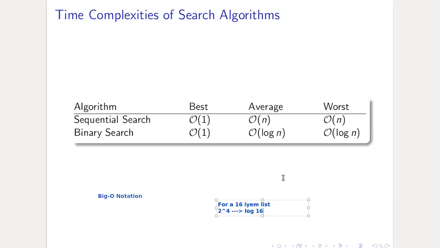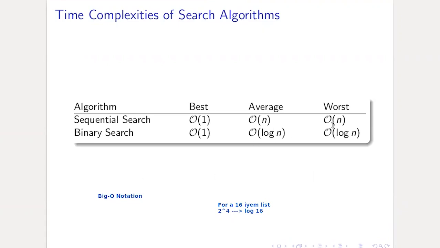But this is actually not a correct calculation, because as you saw, within each iteration, within each sublist, we have to do 3 comparisons, whereas sequential search does 2 comparisons, and the binary search would do 3 comparisons.